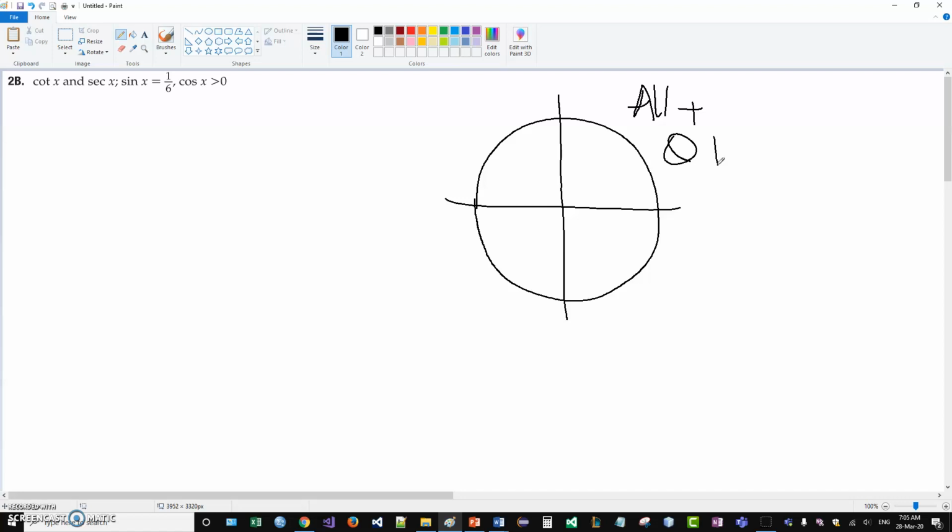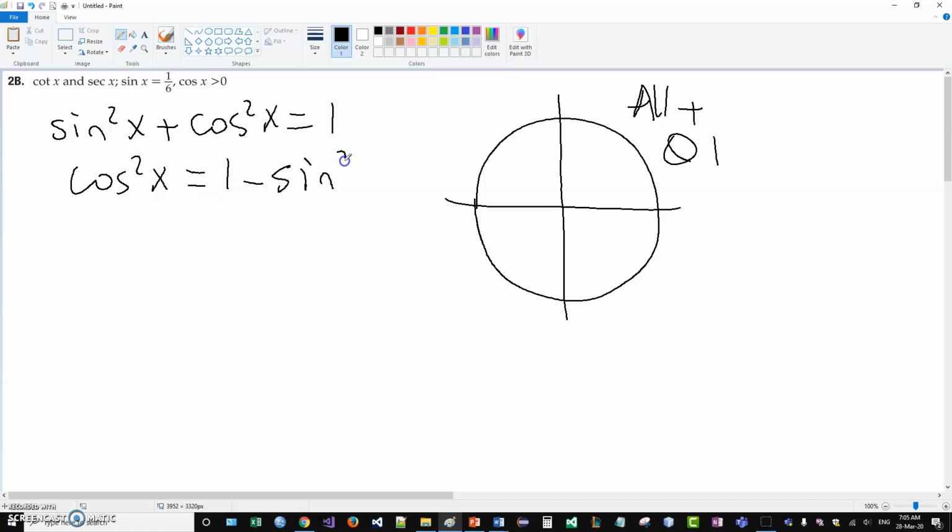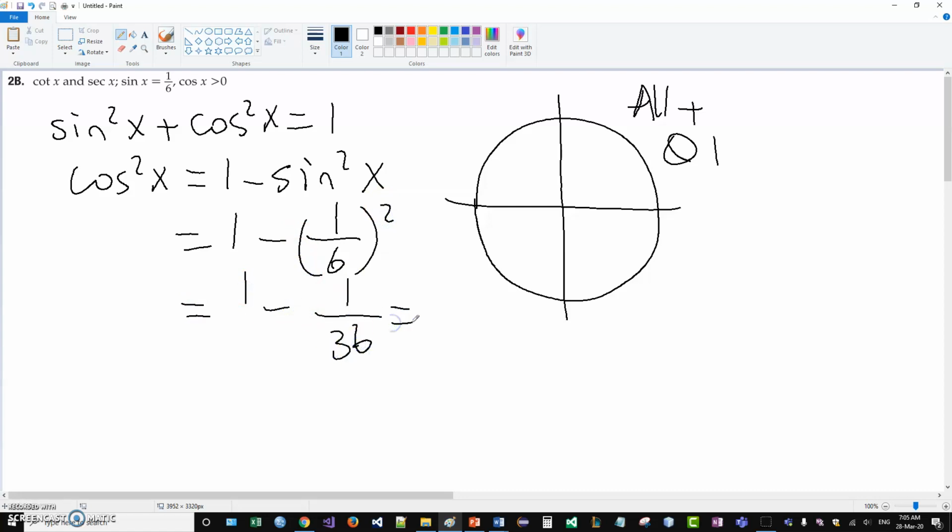Using the Pythagorean identity, we can find cosine x, because sine squared x plus cosine squared x equals 1. Cosine squared x equals 1 minus sine squared x, equals 1 minus (1 over 6) squared, equals 1 minus 1 over 36, which is 35 over 36.